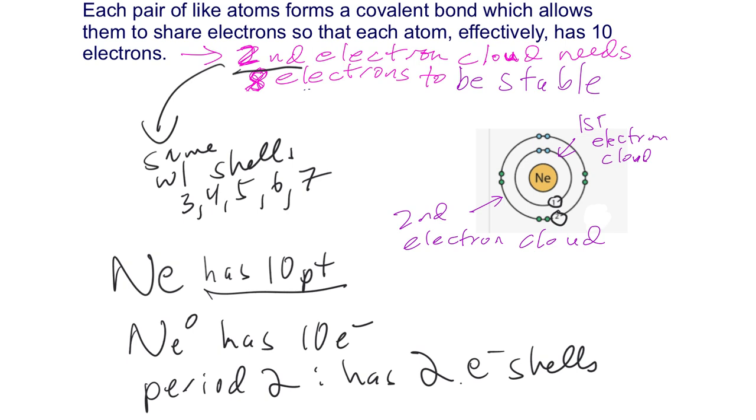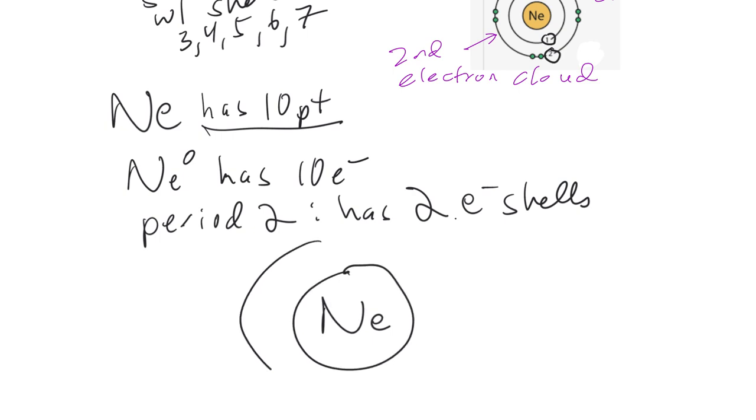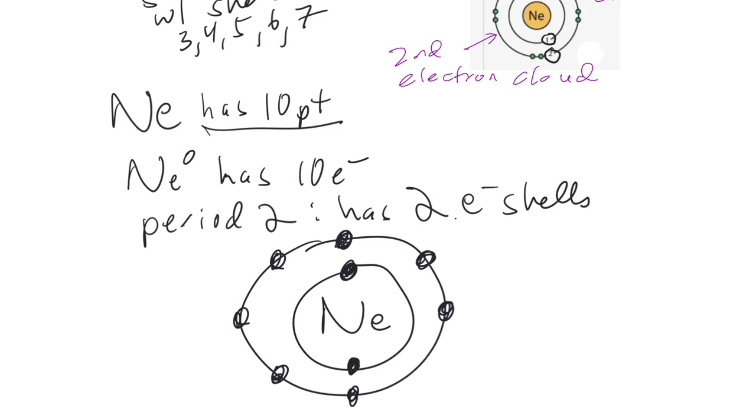Okay, so neon would be 1 shell, then another shell. The first shell will be filled with only 2. Then the next shell is kind of 1, 2, 3, 4, 5, 6, 7, 8, 9, 10.